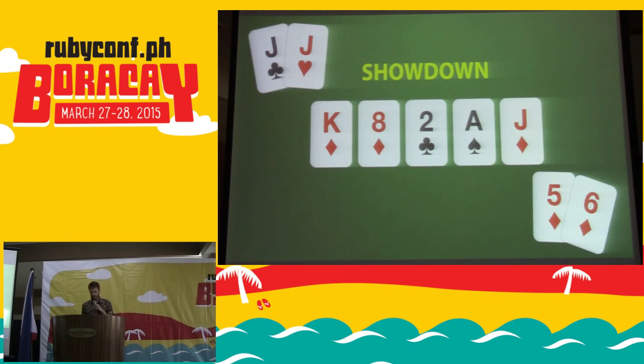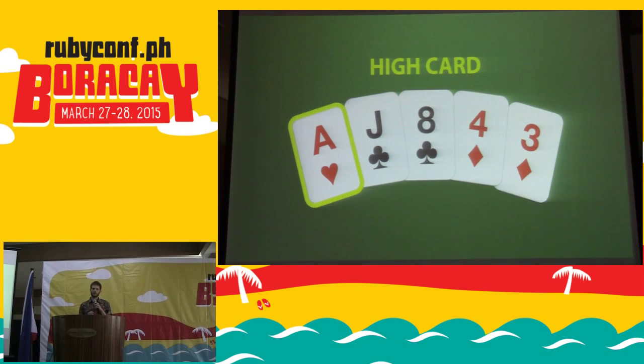So the hand rankings are high card, which is the least valuable hand in poker. I'm going to be throwing these around a lot later on, so try to remember some. High card, which just means I have a high card in my hand, and the value of my hand is determined by that card.